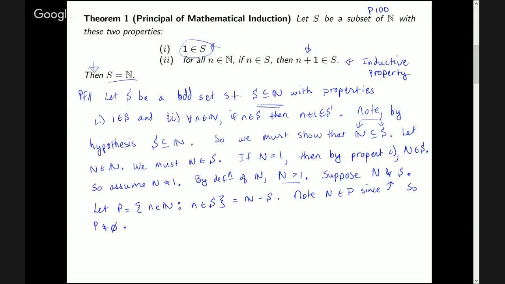It's a subset of the naturals. By the well ordering property, you can apply that to any subset of the naturals. I know that P has a least element, a smallest element. I'm going to call that smallest element M.